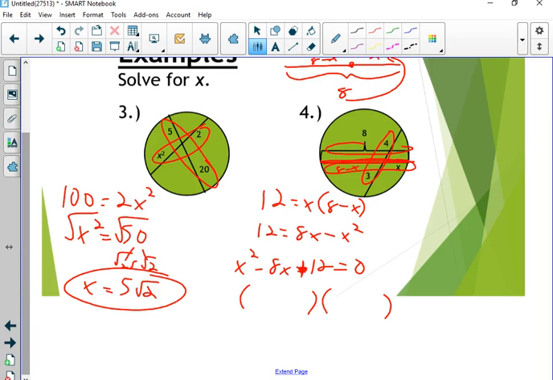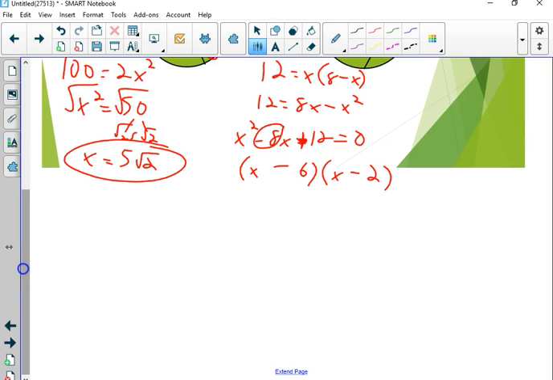I need two numbers that multiply to give me 12 that add up to 8. Well, that's going to be 6 times 2. And since this is negative 8, they both need to be negative. So my answer is x equals 6 and x equals 2. And that's it.